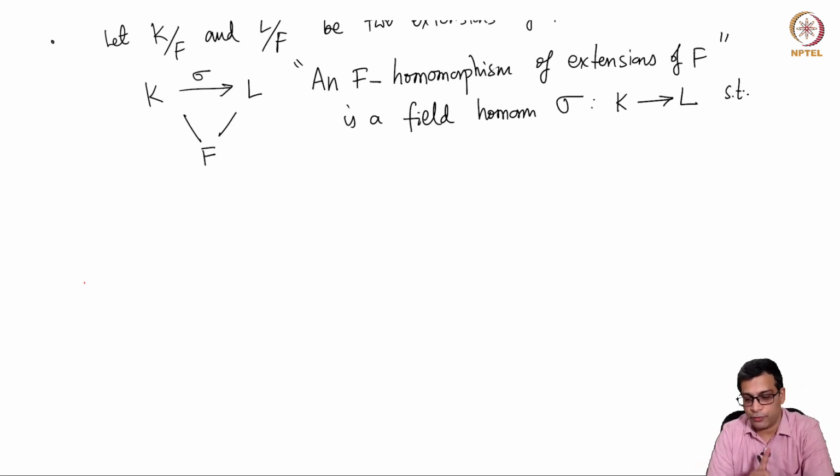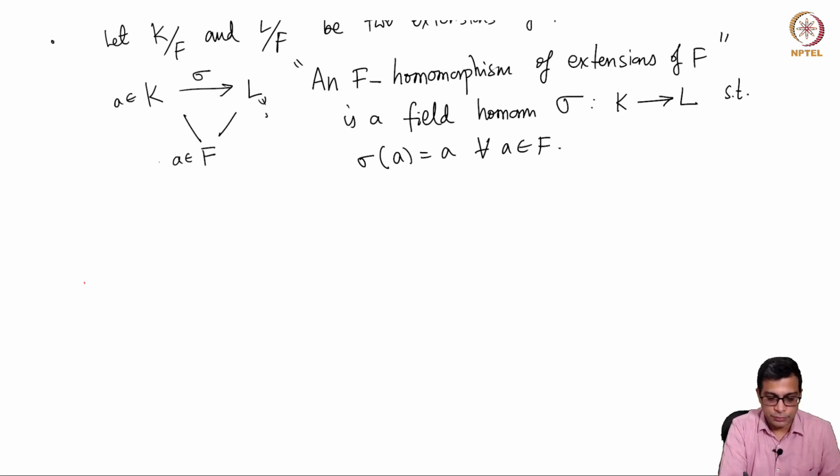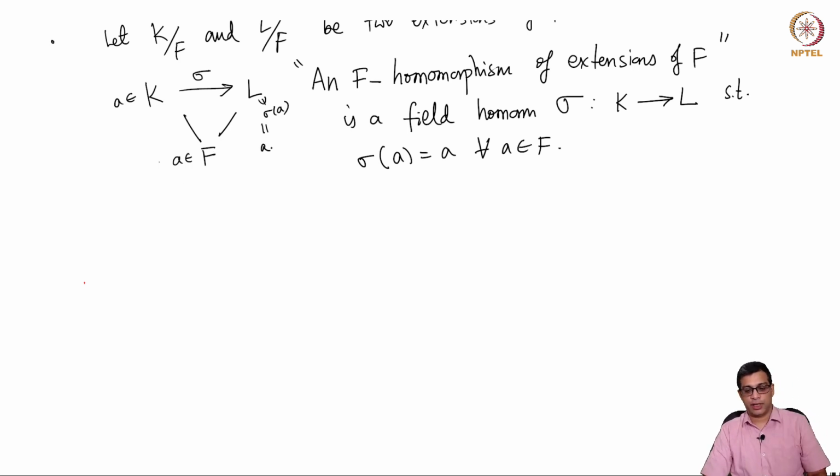But in order to be an F homomorphism, it must have further the property that sigma of a is equal to a for all a in F. Because F is a subfield of K, if a belongs to F, it's also an element of K. So you can ask what sigma of a is. Sigma of a is an element here. But F is a subfield of L also. So that must equal a. That is the requirement for it to be an F homomorphism.